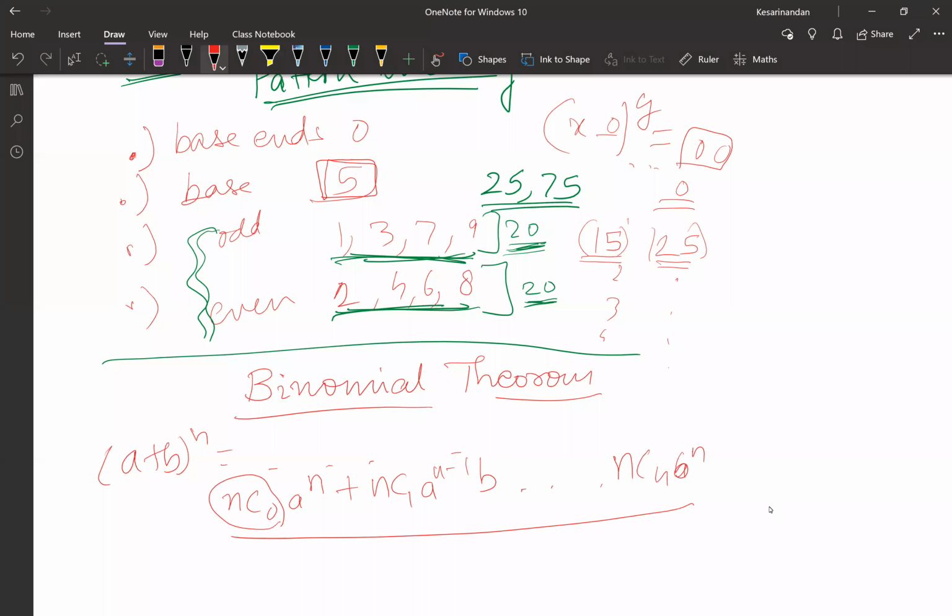Yes. Okay. So if I ask you guys, in all these terms, how many terms are present which are not divisible by b? Not divisible by b. 1. Only one term.